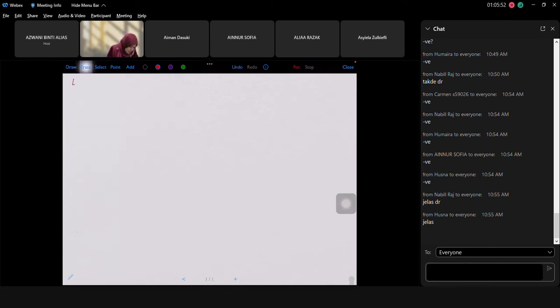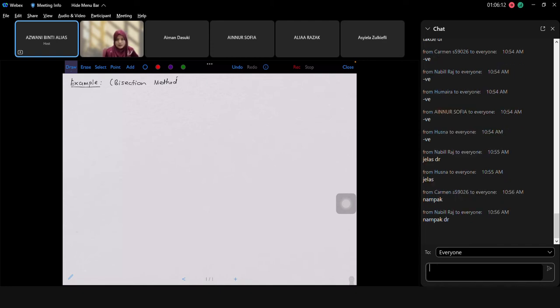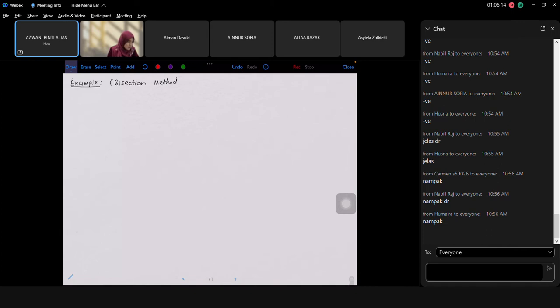This is example. Make sure ada calculator semua. Nampak tak soalan saya? Sebab saya tak nampak dekat screen ni. Okay, good. Tak tahu screen desktop saya tak bergerak.